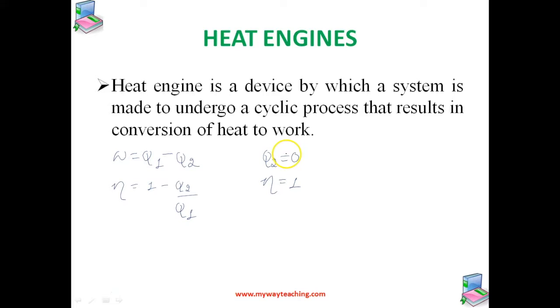See, the first law of thermodynamics, the energy conservation law, does not rule out such an engine. But experience shows that such an ideal engine with eta equal to 1 is never possible.